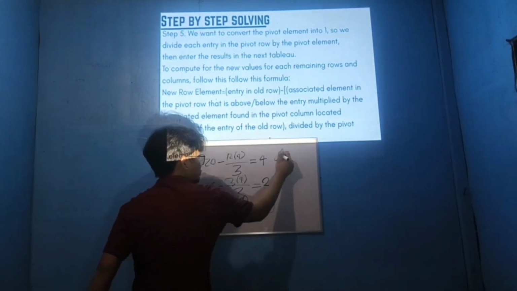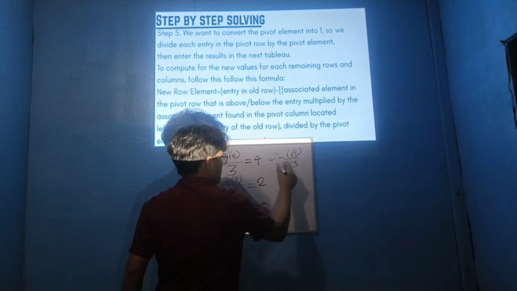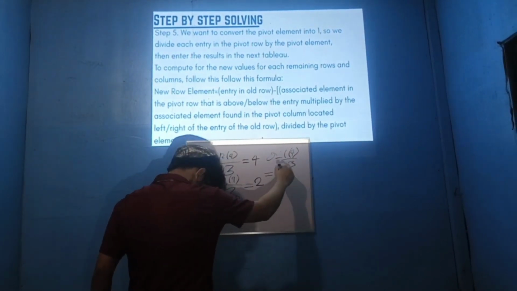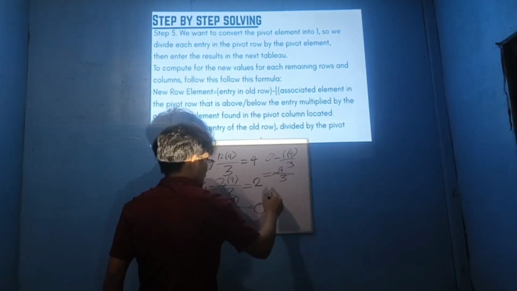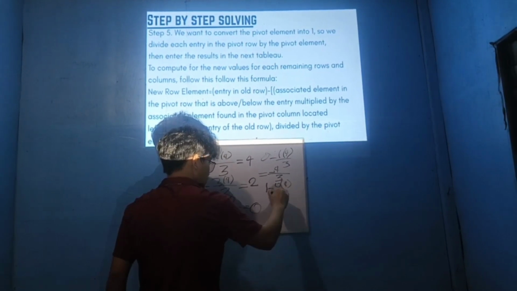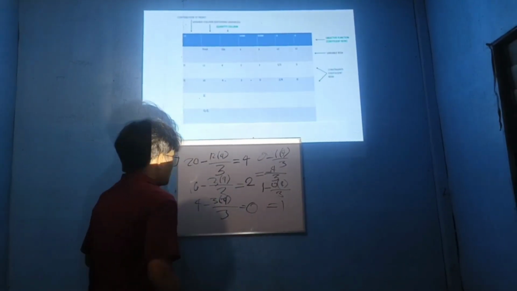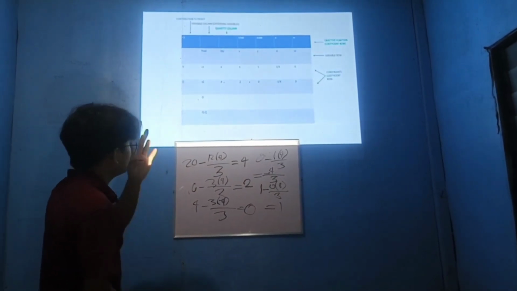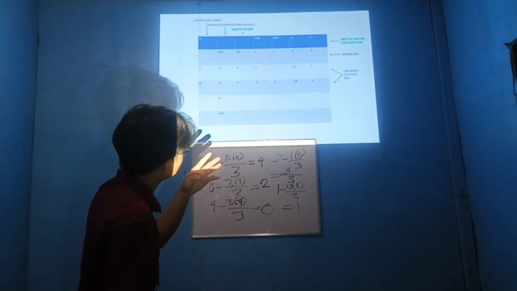And 0 minus 1 times 4 divided by 3 is equal to negative 4 over 3. And 1 minus 0 times 4 divided by 3 will be 1. This is our new row.